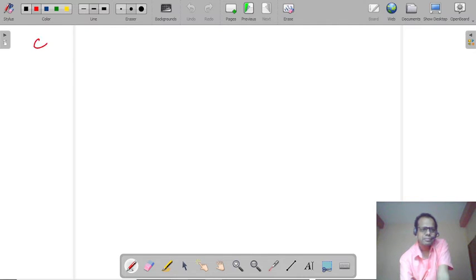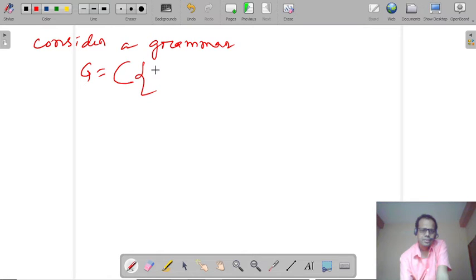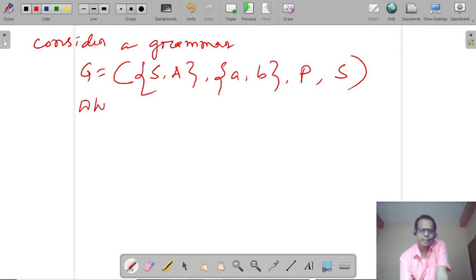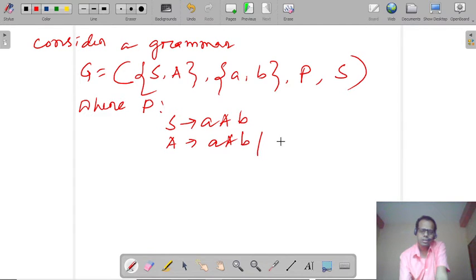Consider a grammar G, where the variables are S, A, the terminals are a, b, and the production P, and the starting variable is S, where production P is defined as S implies a A b, and A implies a A b or epsilon.